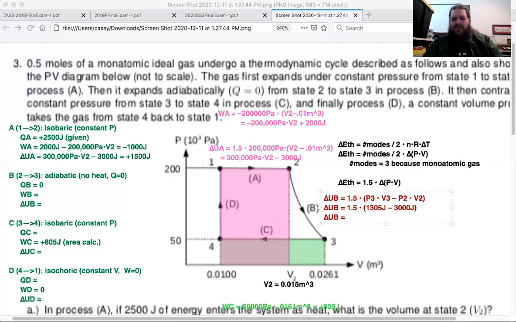So that difference, 1305 minus 3,000, times 1.5 is negative 2,542 and a half. So that should be the delta energy for that process. Any questions on that so far?